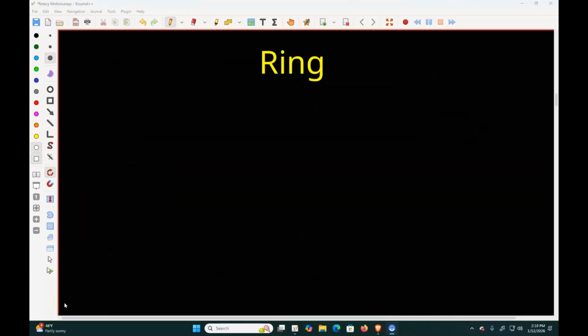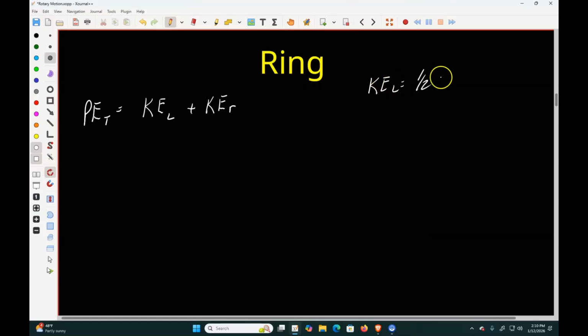To calculate the velocity of a ring going down an inclined plane, we can say that its potential energy at the top is equal to its kinetic energy in a linear direction plus the kinetic energy while rotating. Kinetic energy linear is equal to 1/2 mass times velocity squared.